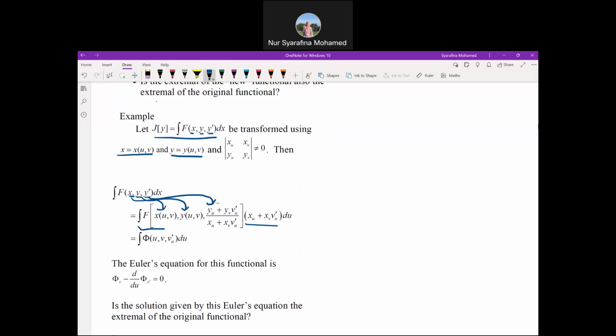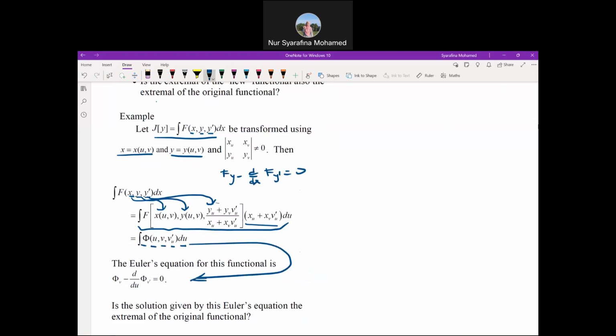So having this, now simplify this functional of f. Now we have phi of u, v, v prime u du. And instead of having the Euler equation f_y minus the derivative with respect to x of f_y prime equals 0, now it becomes phi_v minus the derivative with respect to u of phi_v prime equals 0.